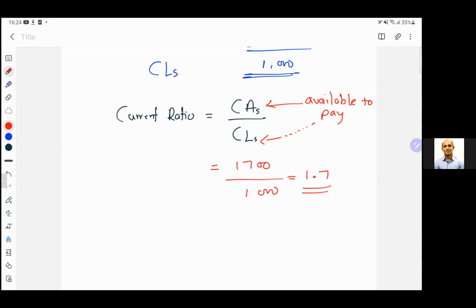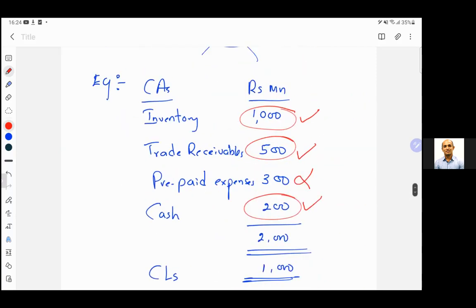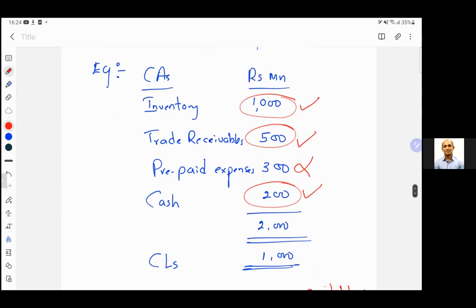Even when you calculate a ratio, that logical thinking is very important. If you just take 2000 as current assets to calculate the current ratio, you are getting a wrong answer. You have overestimated the ratio, and then your analysis will become meaningless.